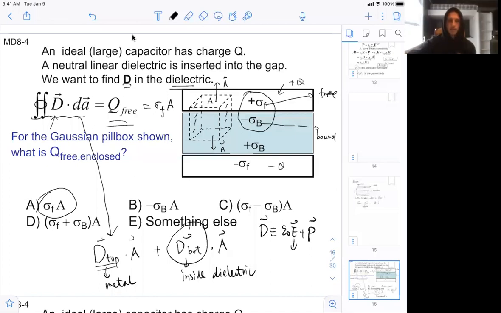What is the electric field inside the conductor? 0, okay. And what about the polarization inside the conductor?